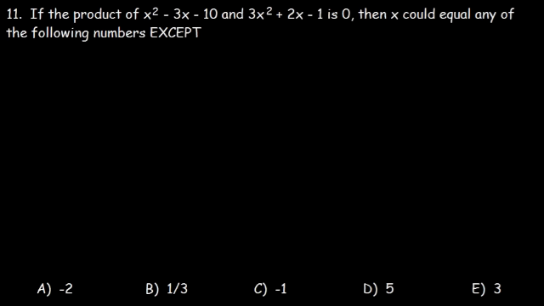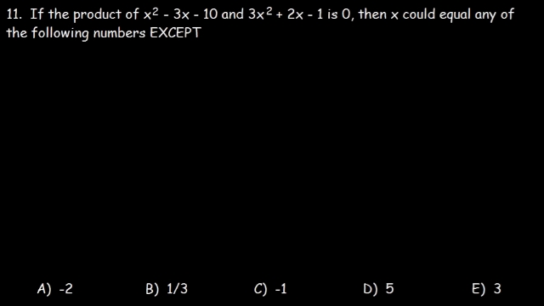Number 11. If the product of x squared minus 3x minus 10 and 3x squared plus 2x minus 1 is 0, then x could equal any of the following numbers except. So we're looking for the values that x cannot equal.